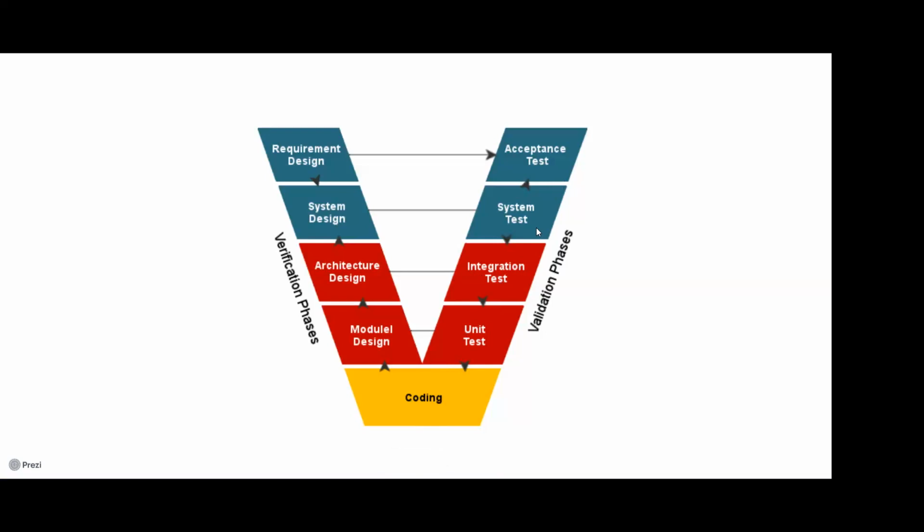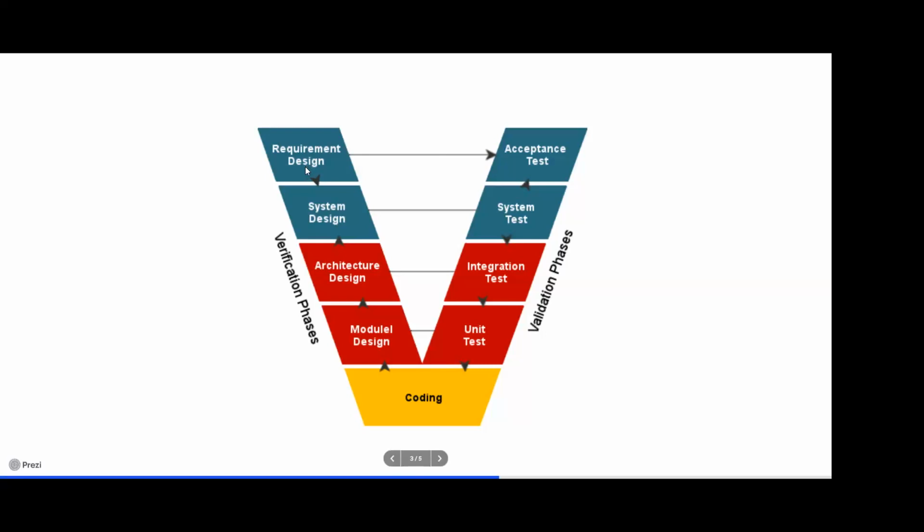Here, system testing verifies the elements of the system, whether they are working fine or not, and verifies whether the function and the performance have been achieved or not. That is system testing. Next, acceptance testing. Acceptance testing is performed by the end users or the customers. It is performed in a real-time business scenario.